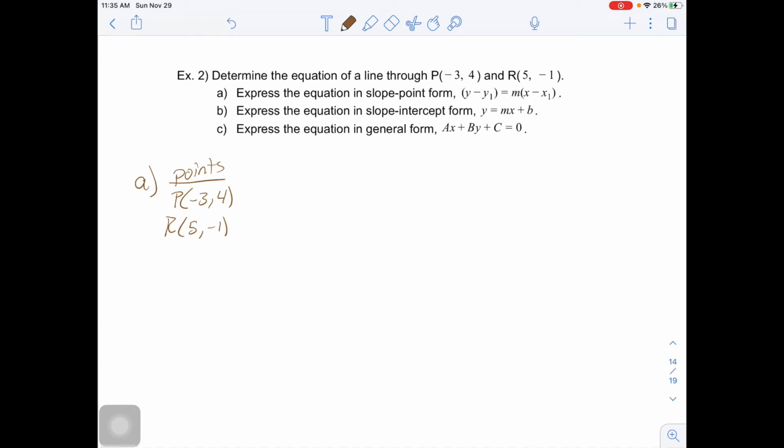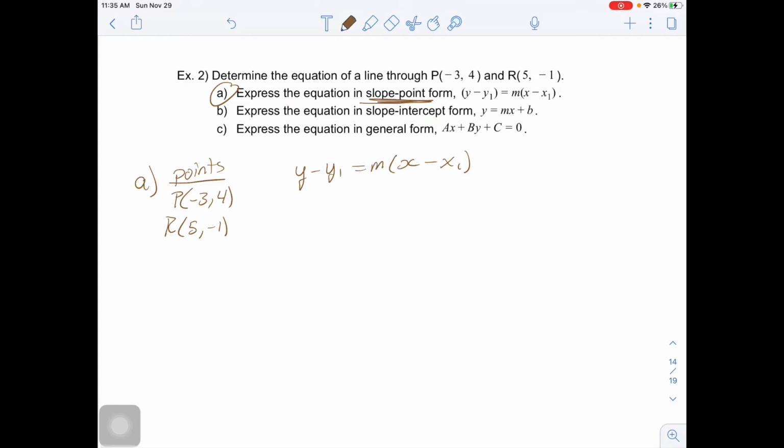In order to do A, which is use slope point form, we need our slope. So for y minus y1 equals m times x minus x1, we could use either of these points and we'll create the same or the correct answer. The important thing is having the proper m value.